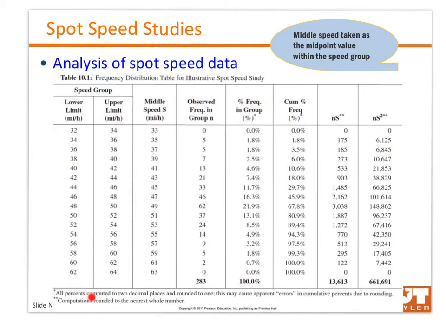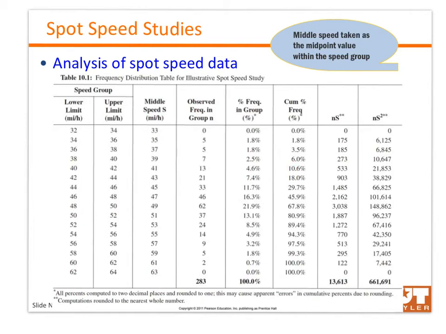We have here all percents computed to 2 decimal places and rounded to 1. This is the one that may cause the error in cumulative percent due to rounding. So again, just keep that in mind. Also, the double stars here mean the computation is rounded to the nearest whole number. So typically we do not carry fractions in this calculation.